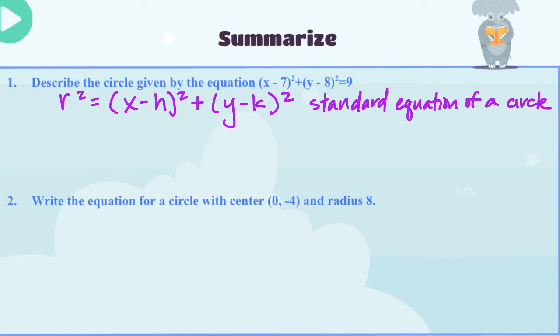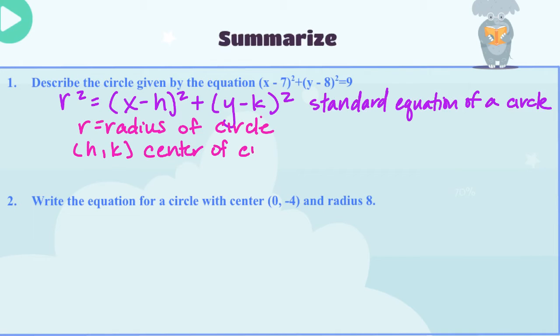In this formula, r represents the radius of the circle, and (h, k) represents the center of the circle.